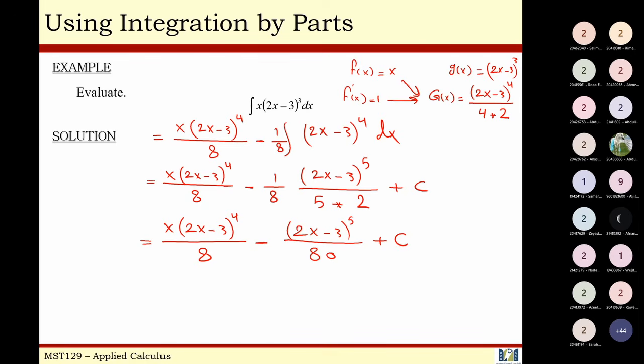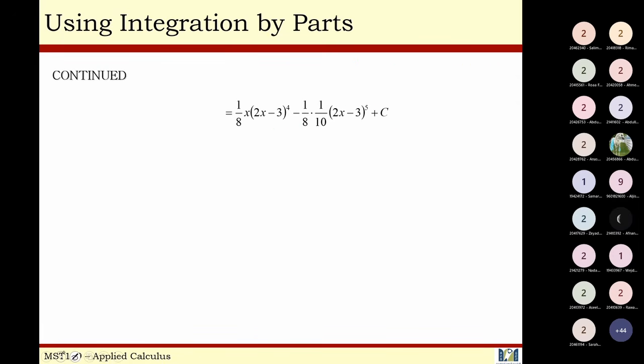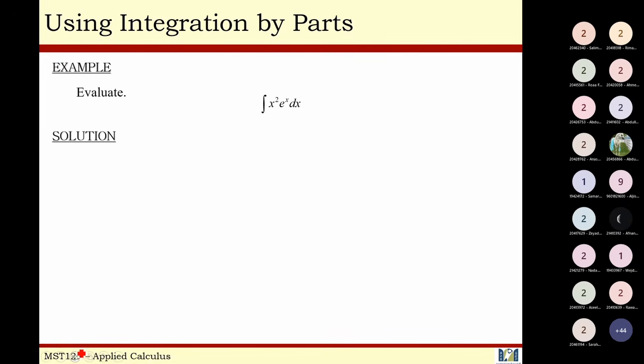Any question? This is very easy, I think.